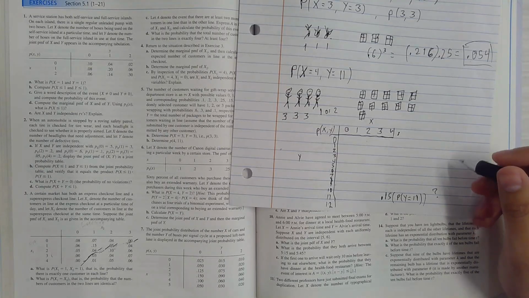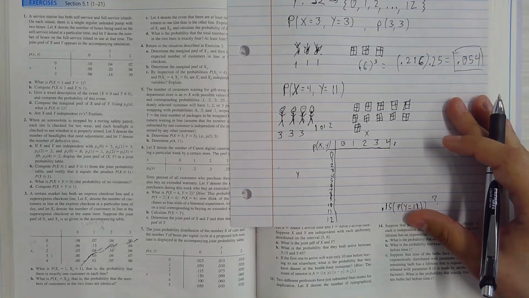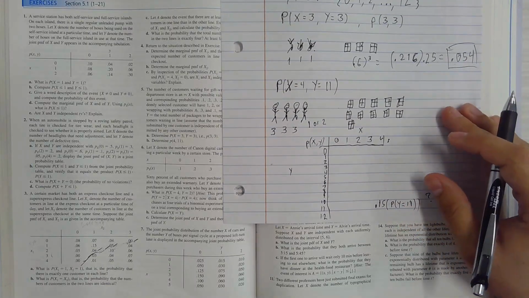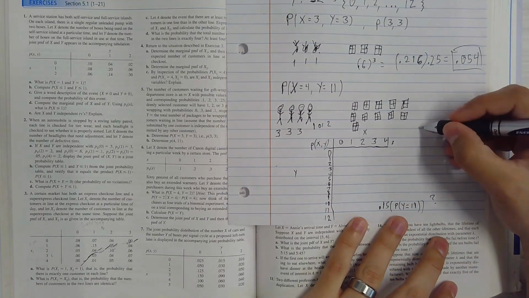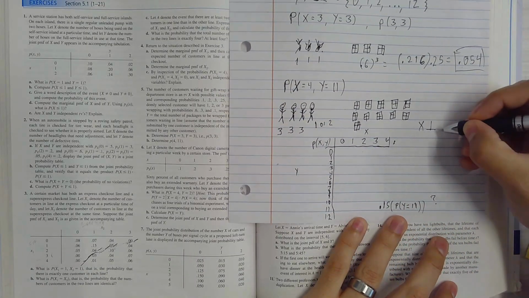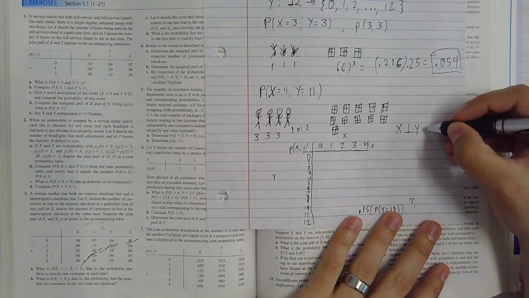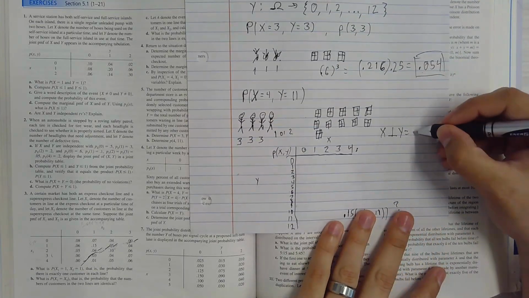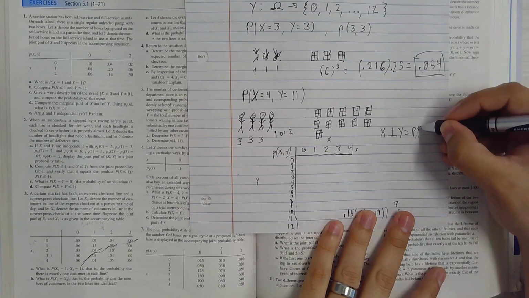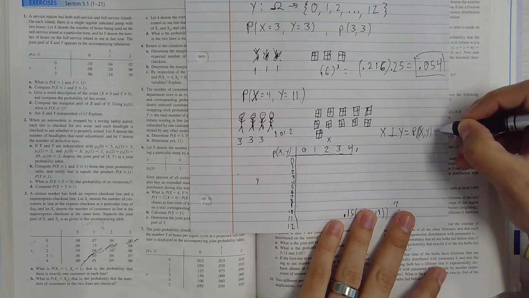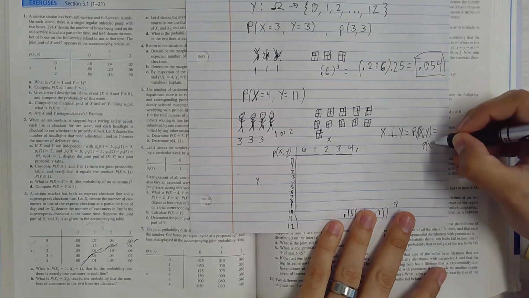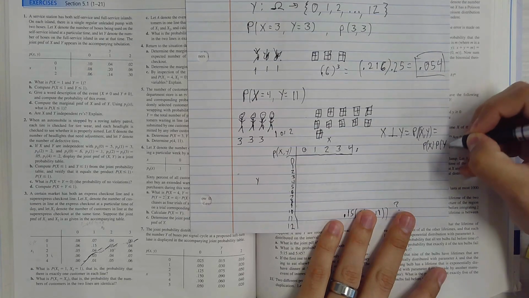What I'm confused about is that if x and y are independent, we know that the probability of x, y is going to be the probability of X times the probability of Y, right?